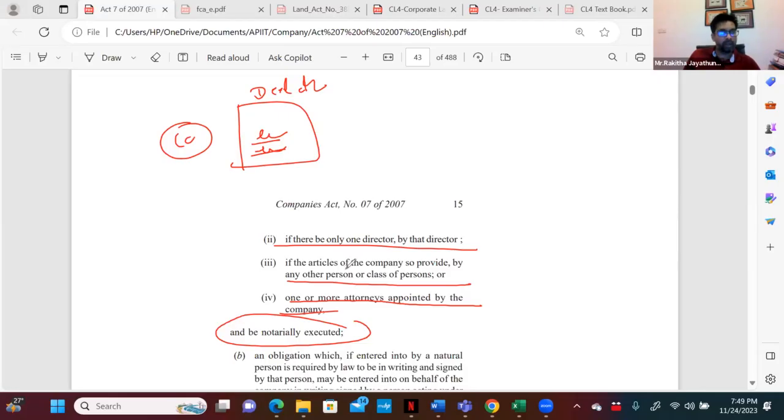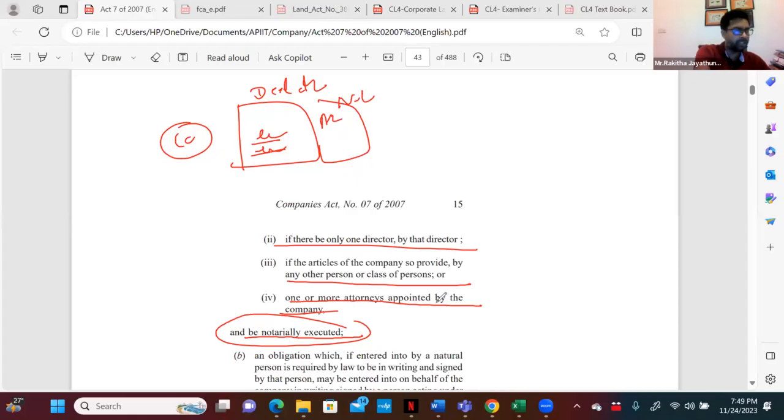If the articles do not provide names other than the directors, then the company can authorize some other person other than directors to sign the deed of transfer by a power of attorney. And then a notary public should do the attestation here. It should be notarially executed.